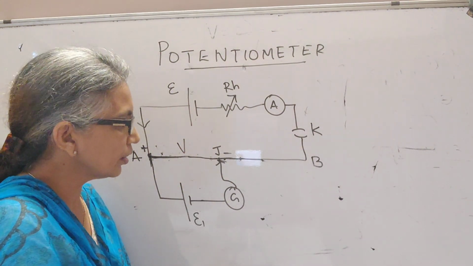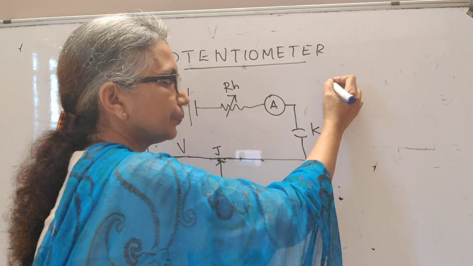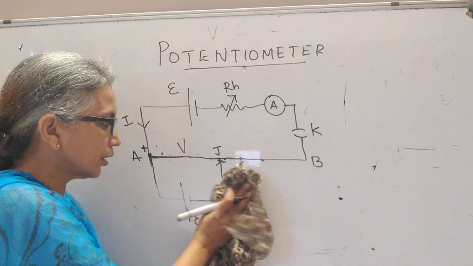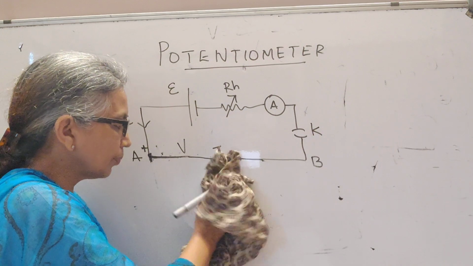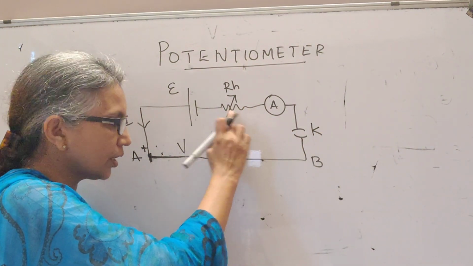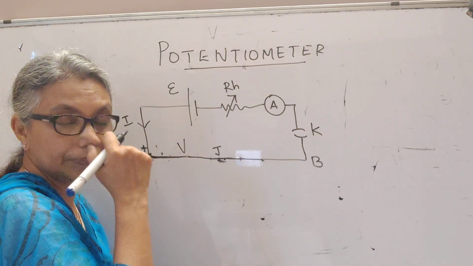The second reason is, let us just consider the primary circuit now. In the primary circuit, you have a resistance offered by the rheostat. This wire is going to offer some resistance, and you have the driver side.